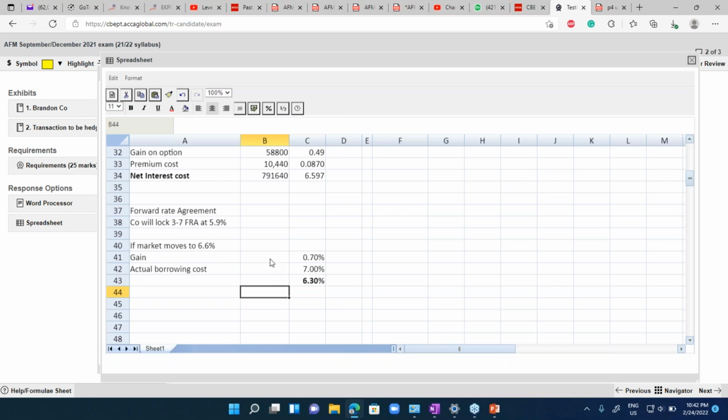And if you want to convert it from the percentage into the actual amount, you can convert it. 36 million into 0.7% into 4 by 12.